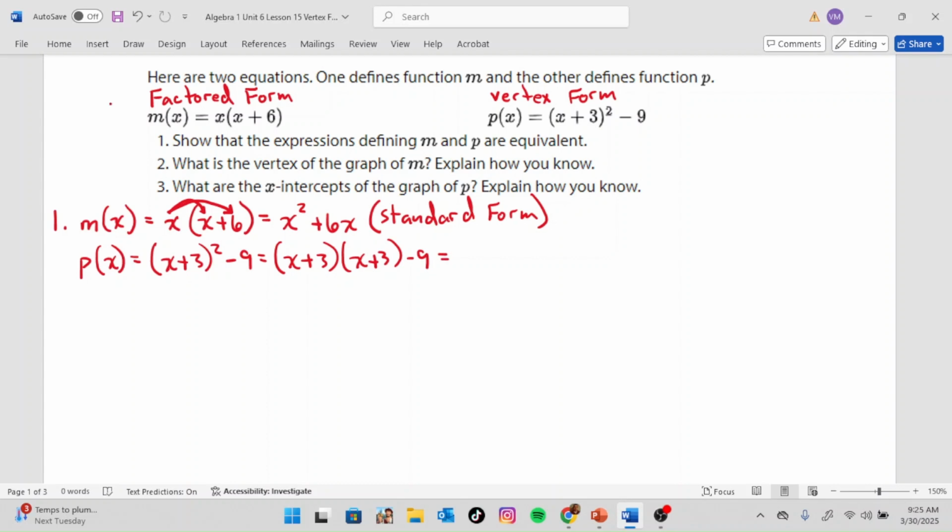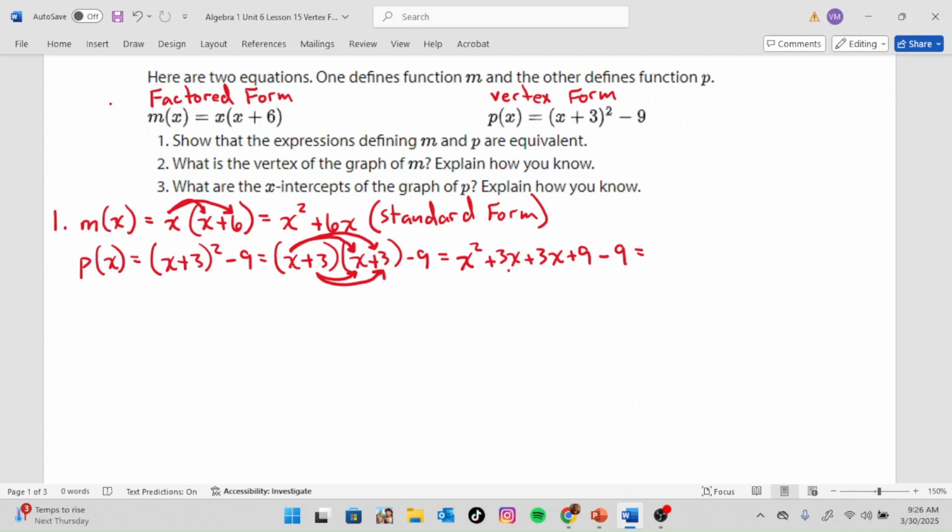Use the distributive property. x times x is x squared. x times 3 is 3x. 3 times x is 3x. And 3 times 3 is 9. And then we have minus 9.